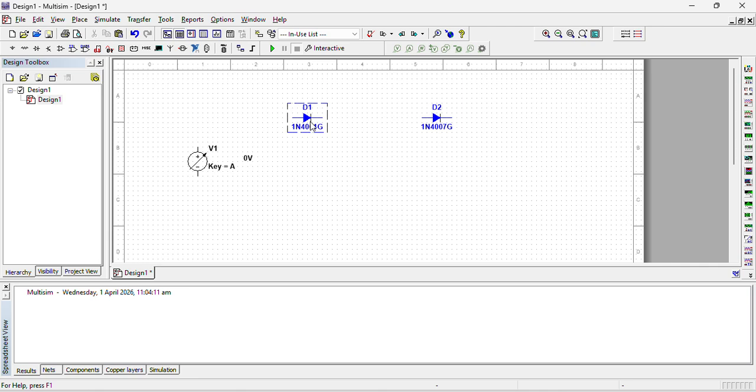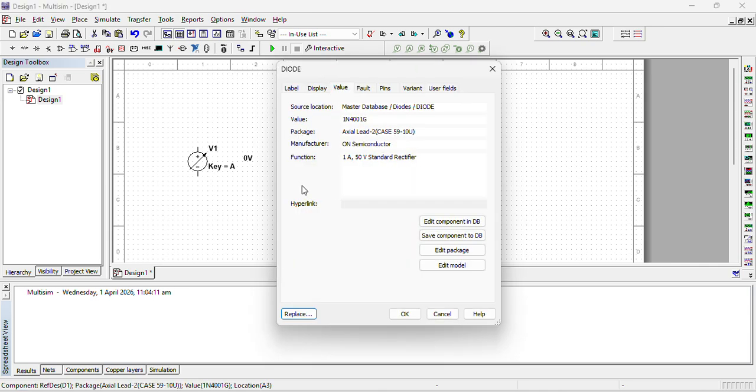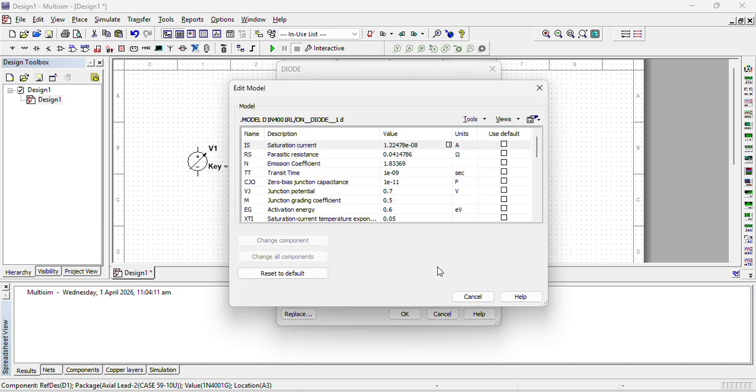So the 1N4001, if we open it, is rated for 1 ampere, 50 volt standard rectifier. If we come towards the edit model, we will find its breakdown voltage over here. So its reverse breakdown voltage is 50. After 50 volt in the reverse direction, this will break down.